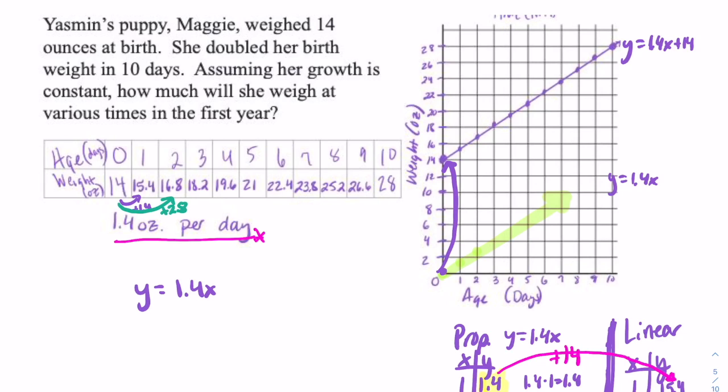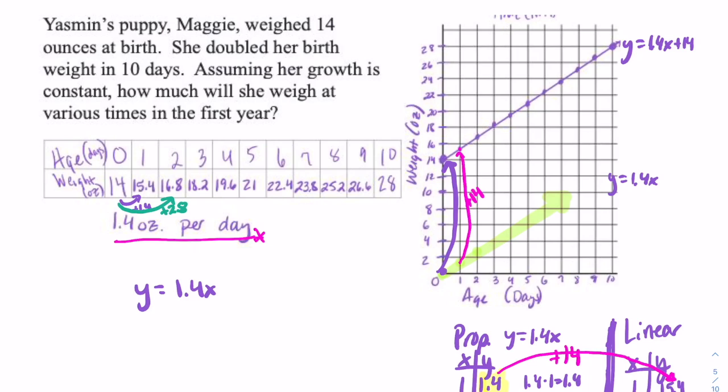And the reason that we're having to add 14, if we look at it graphically, right, this first point we had to move from 0 to 14. So our second point would move from like 1.4 all the way up to 15.4. So that is going up 14.